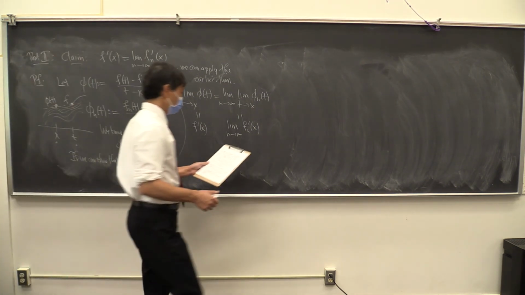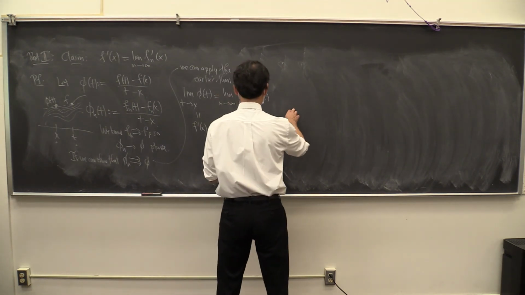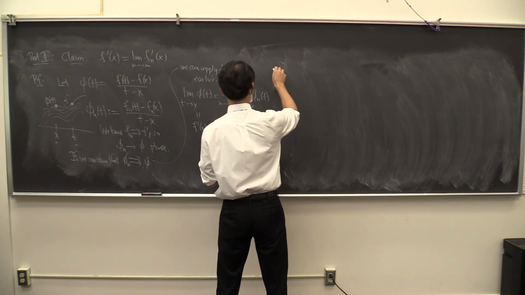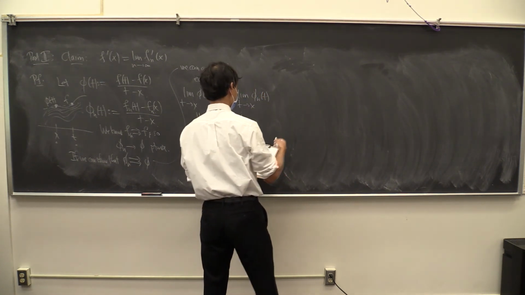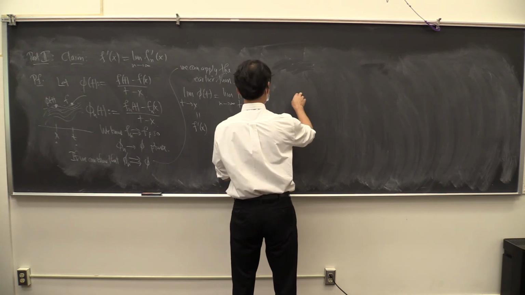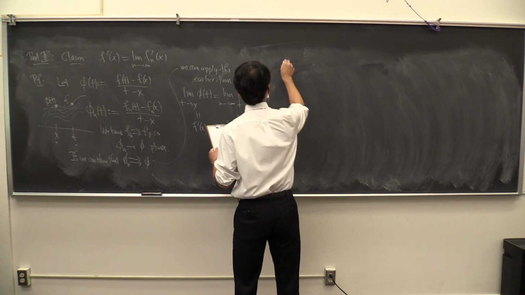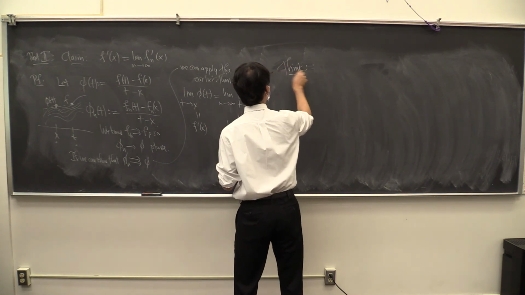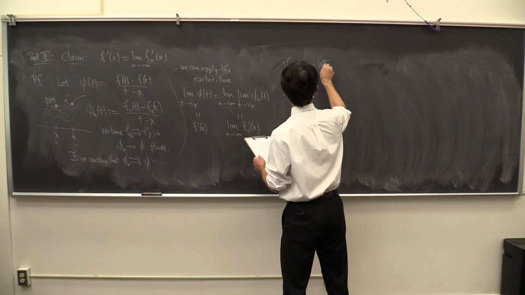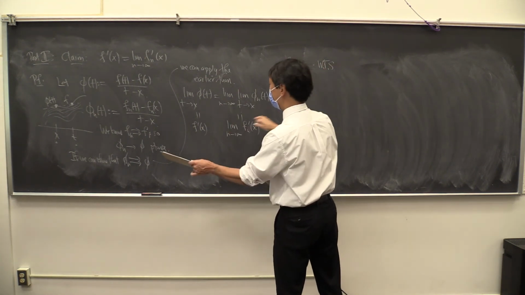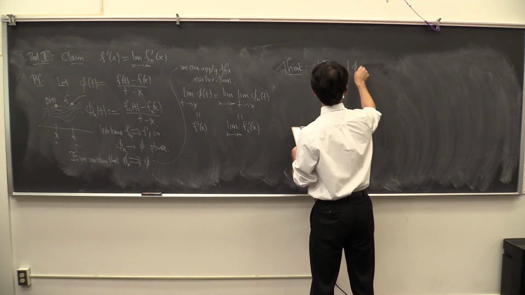Okay, so we play a similar argument as before. Again, let's think. We're hoping to show uniform convergence of the phi sub n's.